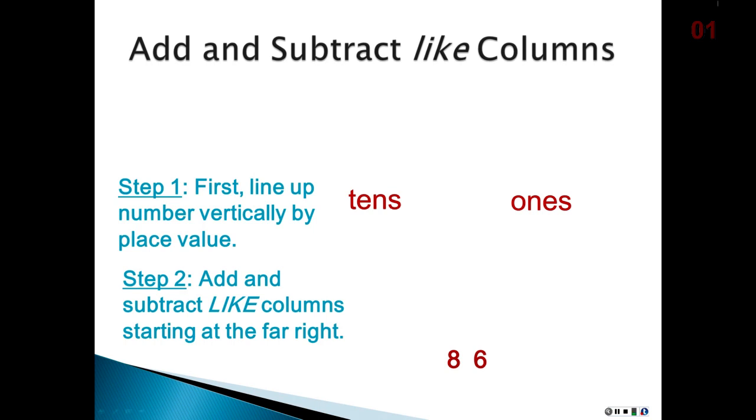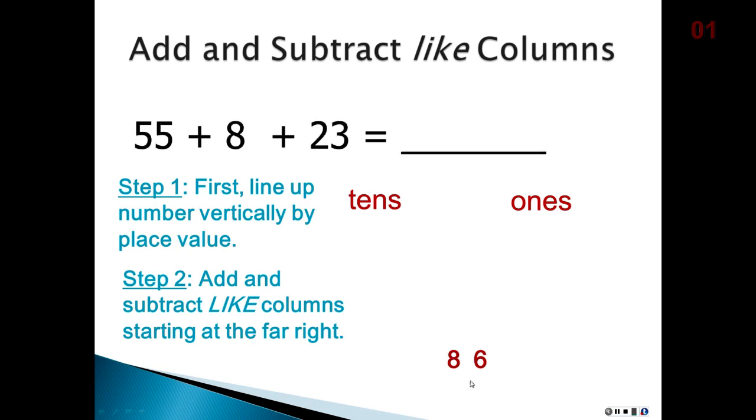I have the number 86, which I've written down as the answer here, because I don't really want you to focus on the answer, I want you to focus on the process. So just like we would add whole numbers, remember, for every whole number, there's a decimal at the end of the whole number, whether you see it there or not.